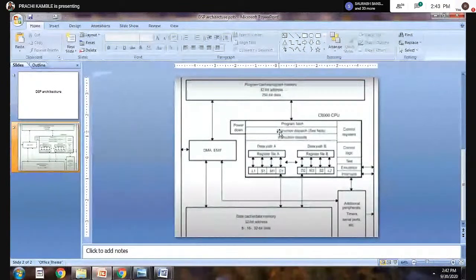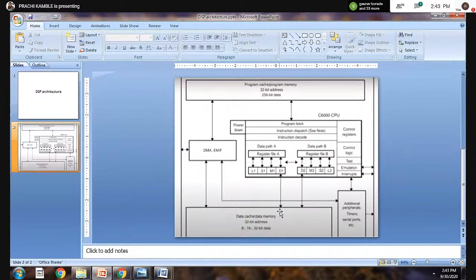Then the data path. Here we can see that in the program cache memory, the data is coming and the result is also stored over here, right? As well as this data cache memory, when the program memory decodes the program data, or we can say the instruction, this data is stored into this register as per the decoded instruction, and then it gets processed.